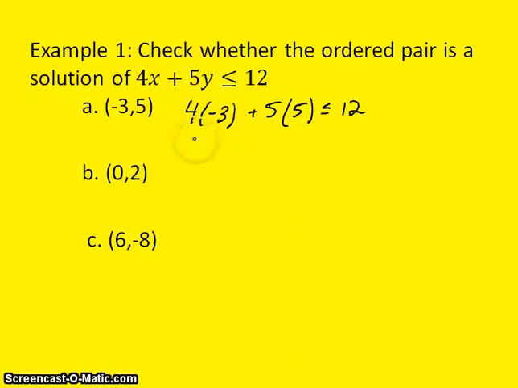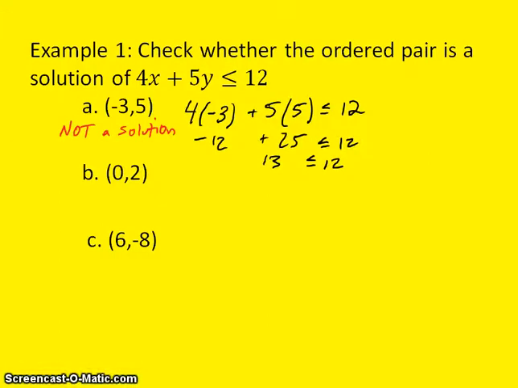So 4 times negative 3 is negative 12, plus 25. And when I do negative 12 plus 25, I get 13. 13 is not less than or equal to 12, so part A, negative 3, 5, is not a solution. It doesn't work when I plug it into the inequality that I have.